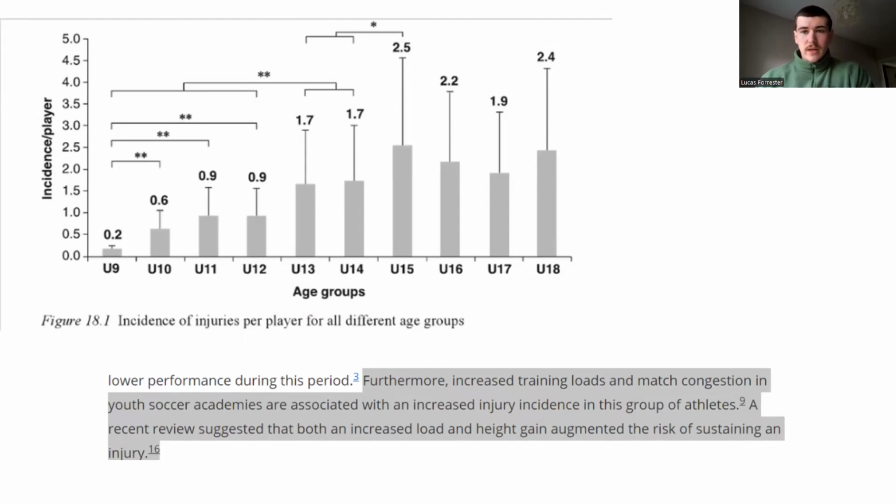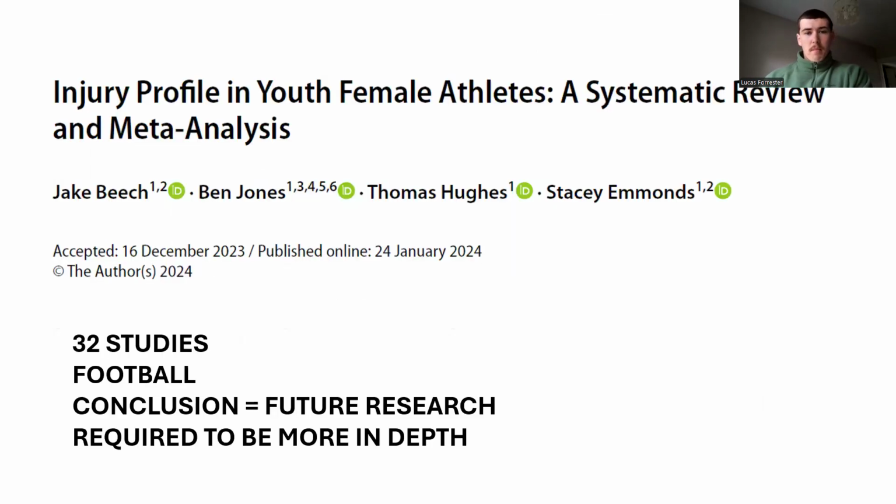Obviously, males and females play and compete in sport. That is the only negative of this paper. However, in this study done in 2024, they looked at all the papers in the literature which used youth female athletes as participants, trying to understand the impact of injuries in youth female sports.